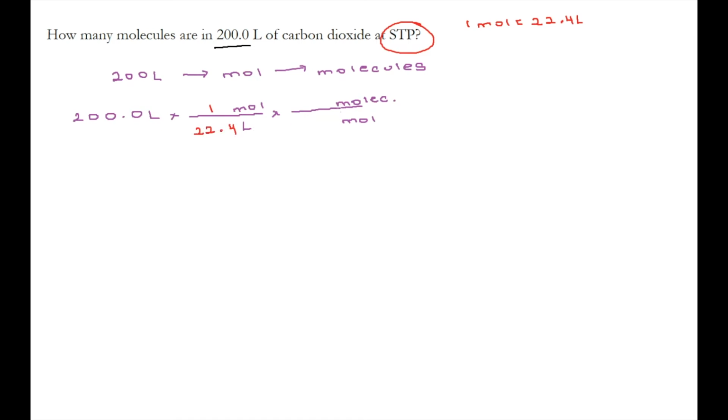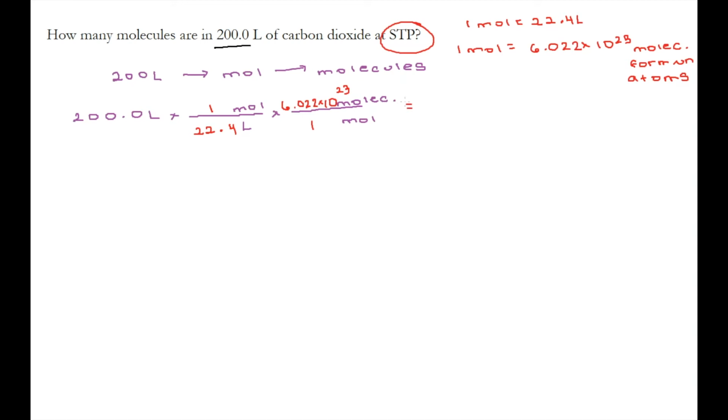Next, I know Avogadro's number, which tells me that 1 mole equals 6.022, or 6.02 is fine as well, times 10 to the 23rd, either molecules, or if you're dealing with an ionic compound, formula units, or atoms. In this case, I'm dealing with molecules, so 1 mole is 6.022 times 10 to the 23rd molecules.